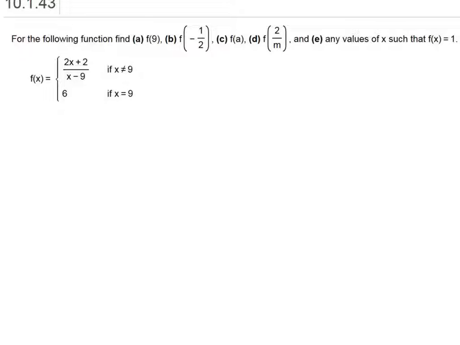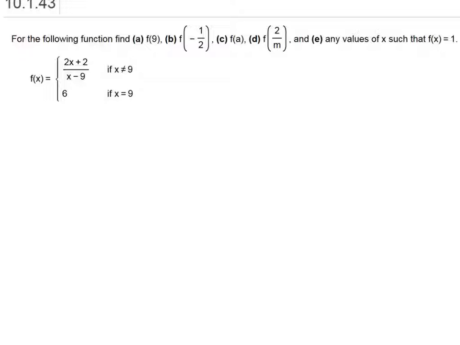And 9 minus 9 is, of course, division by 0, which we are not allowed to do. So when it comes time for x to be 9, then we just simply declare that the function is equal to 6. So there's really two rules. And when x is equal to 9, the value of the function is 6.